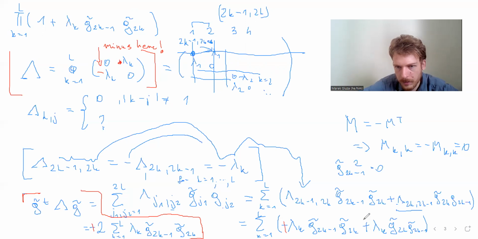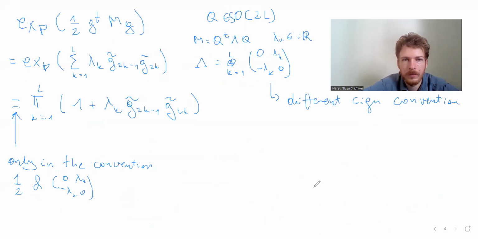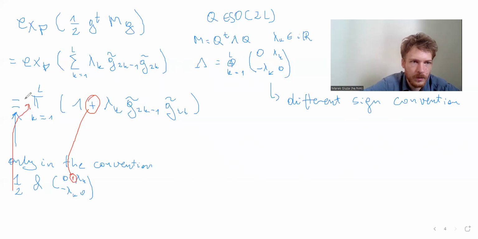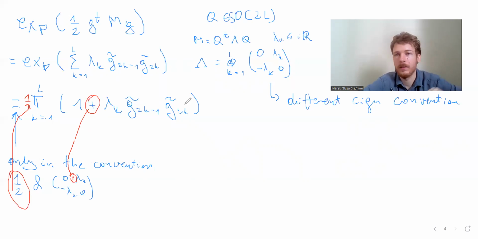We will get a plus and a minus here. And then summarizing, we will get this form here. This plus is here, and this 1/2 is making sure we have it here. Okay.